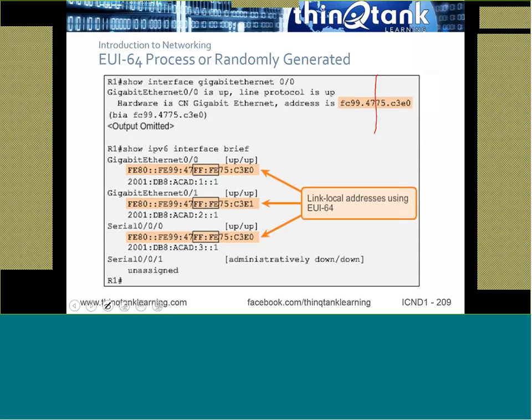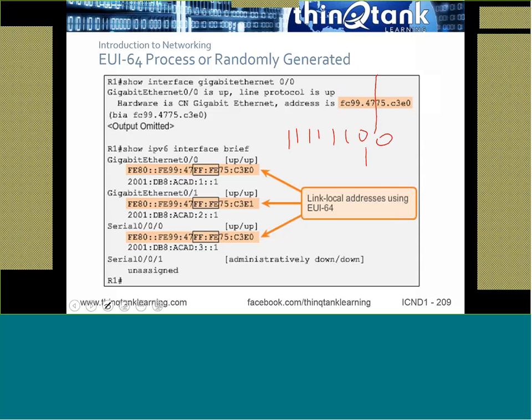FC, if I convert F to binary, it's 1111. C in binary is what? 12, which is 1100. Right? So what do we do? We invert which bit?